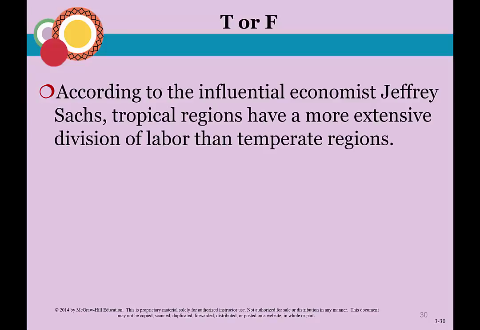The influential economist Jeffrey Sachs has argued that temperate climates have generally supported higher density of population, thus a more extensive division of labor than tropical regions. So his argument is that temperate climates have more people in it, higher density of population, thus more extensive divisions of labor versus tropical regions, if you will.